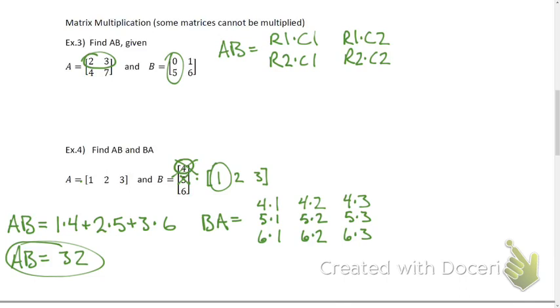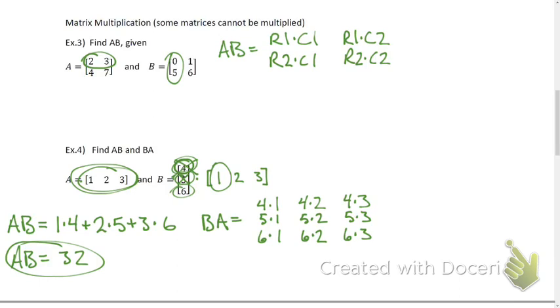If you're asking yourself, why did I add on the left, but yet I'm not adding on this one we're working on right now, it's because on the one on the left, we had multiple elements in a row. We had 3 numbers in a row. That means you have to add to get that one spot of the matrix. For the one I'm doing right now, B times A, there's only 1 number each per row.